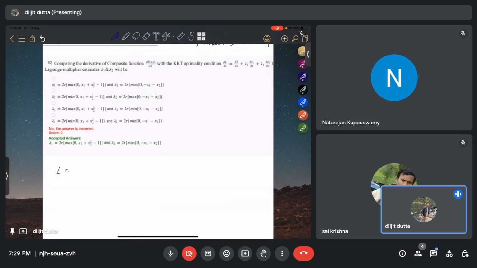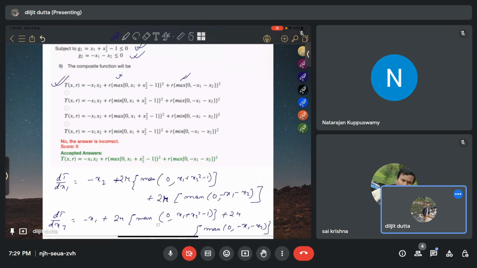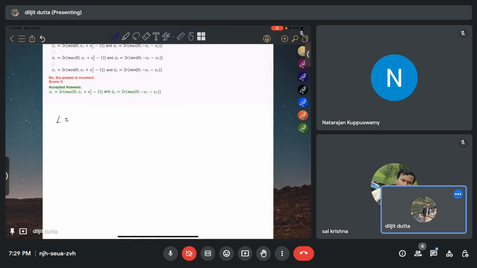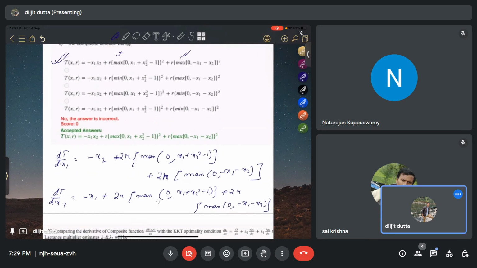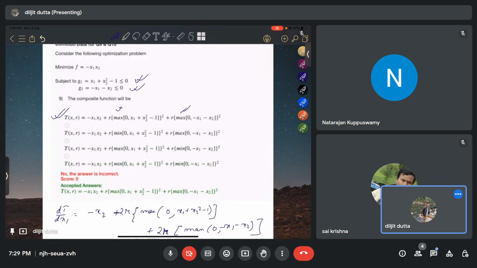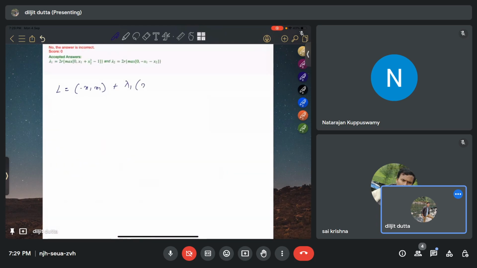So we can write L as what? Minus x1 x2 plus lambda 1 into (x1 plus x2 square minus 1) whole square, plus y1 square plus lambda 2 into (minus x1 minus x2) plus y2 square.